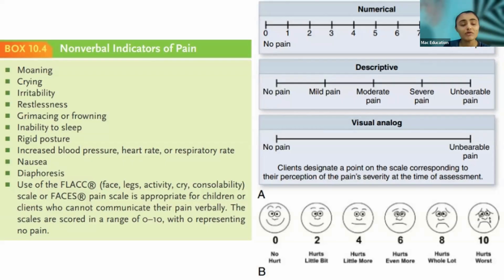Visual analog scale: there is one line, and you ask the patient to describe their pain between the two ends of the line. And last is the FACES pain scale: by seeing the patient's facial expression, you identify the score between 0 and 10.